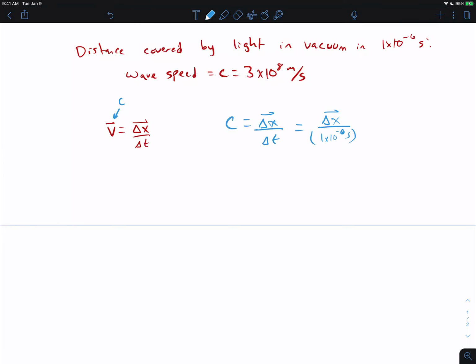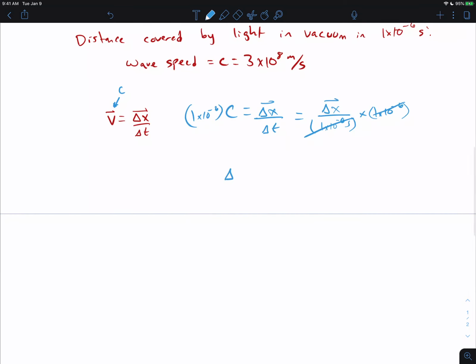So multiplying both sides by 1 times 10 to the minus 6, what we'll get is our displacement here will be 1 times 10 to the minus 6 times 3 times 10 to the 8th meters per second.